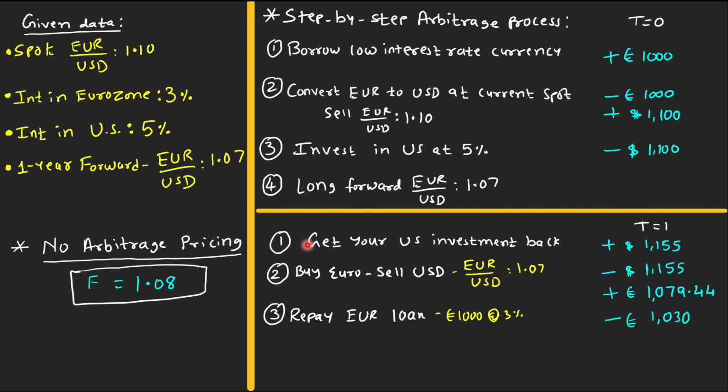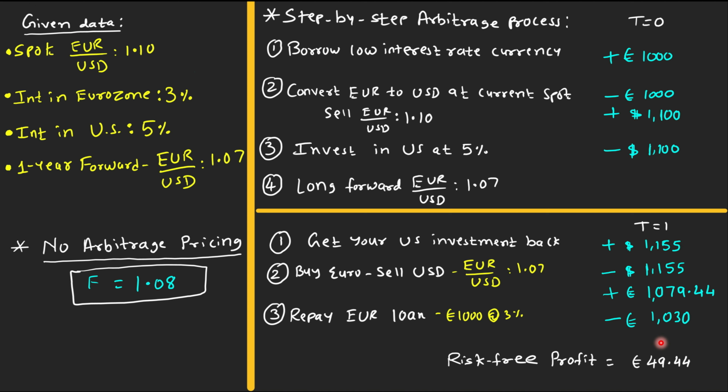Remember, we borrowed euros at 3%, so 30 euros will be the interest we need to pay. So the total loan we're going to repay is 1,030, and then the risk-free profit will be 49.44 euros. Okay, so that's about it.